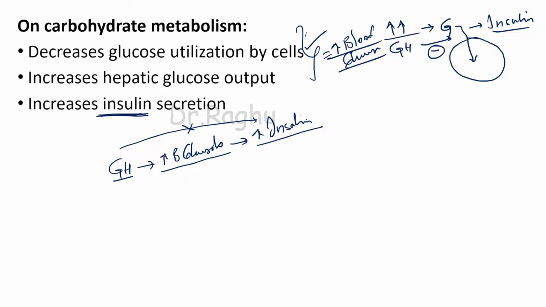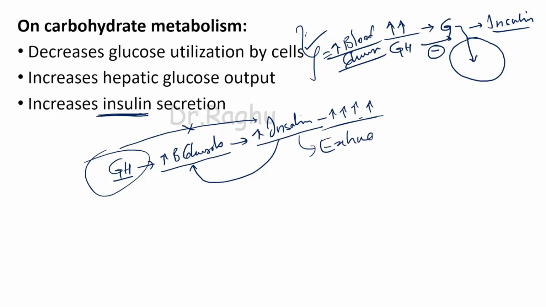Now, this increased insulin secretion fails to decrease the blood glucose level. Why? Because growth hormone is decreasing the glucose utilization by the cells. So, now what happens? The insulin secretion keeps on increasing, but there is no decrease in the glucose concentration. So, ultimately there is going to be an exhaustion of insulin secretion by the beta cells of the pancreas.